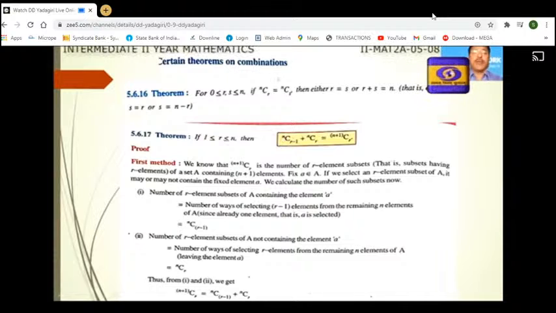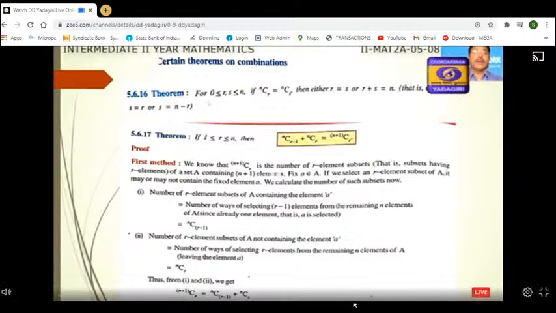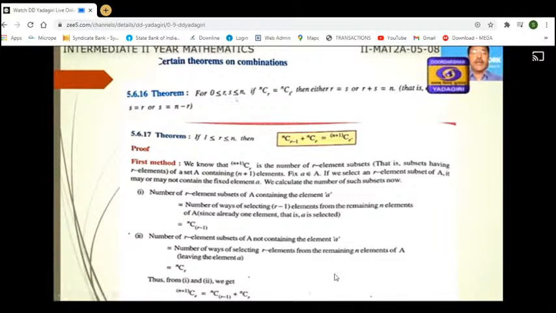Some theorems on combinations. Here we see one statement of the theorem. For 0 less than or equal to r, s less than or equal to n, if nCr is equal to nCs, then either r is equal to s or r plus s is equal to n.